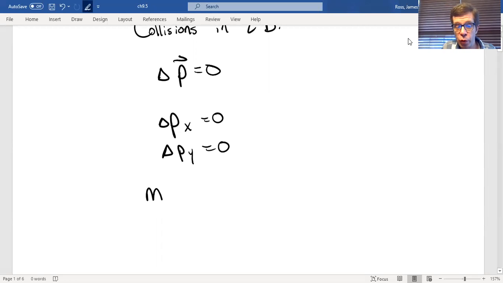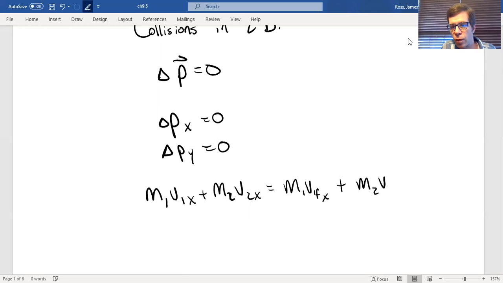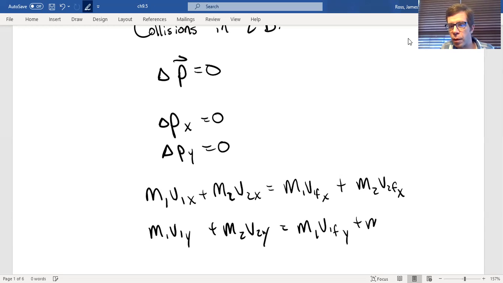So if we look at a two-body system, then we have M1V1X plus M2V2X equal to M1V1 final X plus M2V2 final X, as well as M1V1Y plus M2V2Y equal to M1 V1 final Y plus M2 V2 final Y, right? The momentum in the X direction and in the Y direction are conserved.